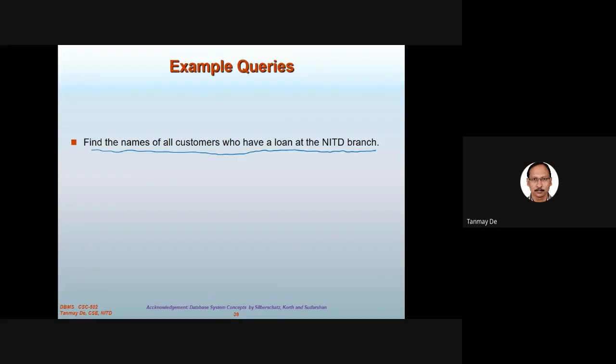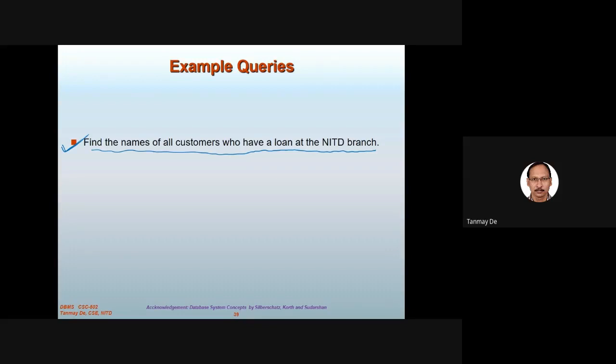To write this query in relational algebra, first think about which relation needs to be consulted, whether only one relation is sufficient or more than one is needed. Then you can think about how to proceed, and how to get the information by writing the relational algebra operations.